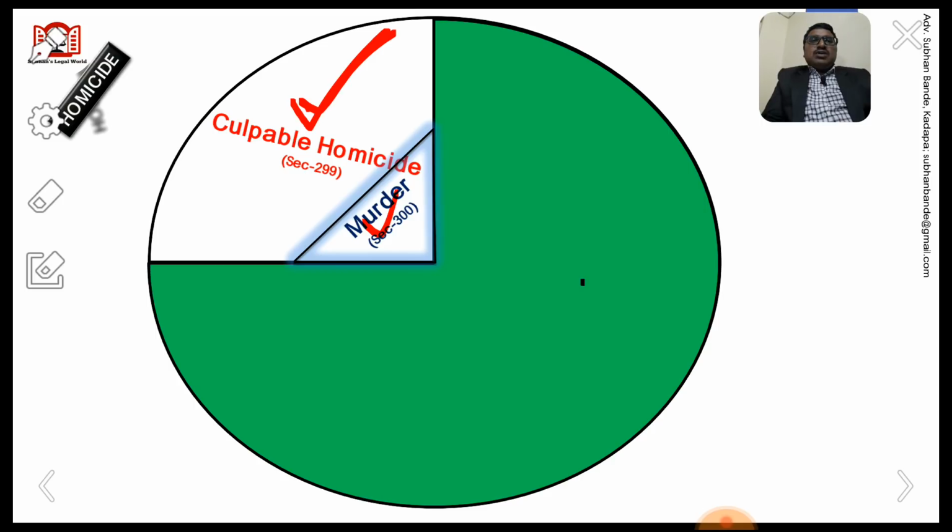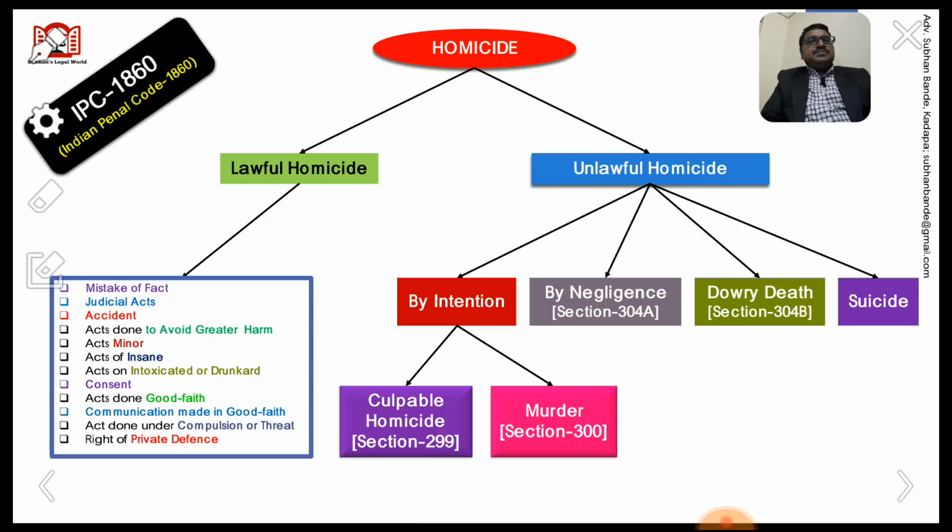Criminal homicide or punishable form of homicide, which does not come under the general exceptions specified under sections 76 to 106 of Indian Penal Code. Murder is also a form of culpable homicide. Let us see the exact difference between culpable homicide and murder using this summary chart.